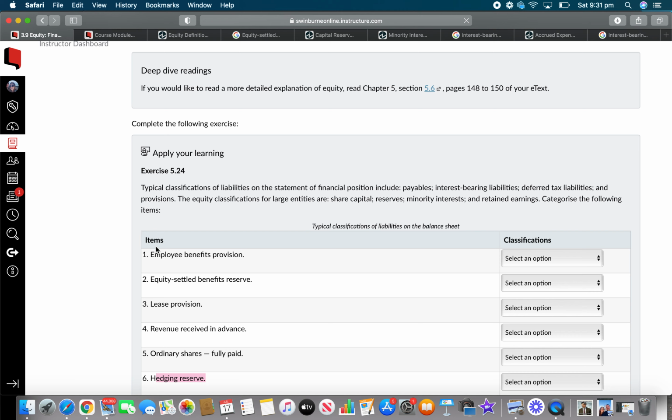And then that's our total equity if we add those two together. And then hopefully if everything reconciles, that should equal our assets less liabilities. Or we can say our liabilities plus our equity will equal total assets.